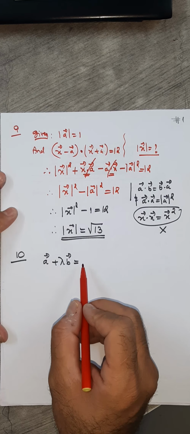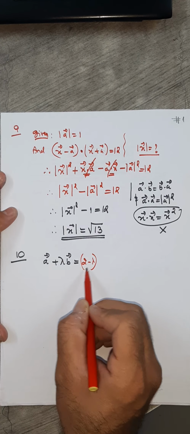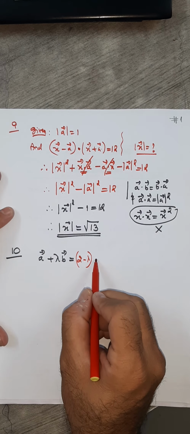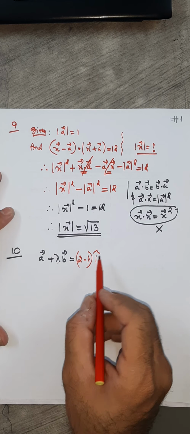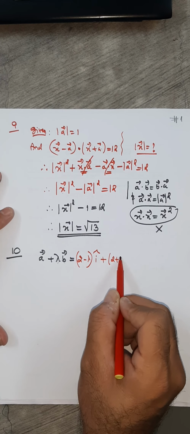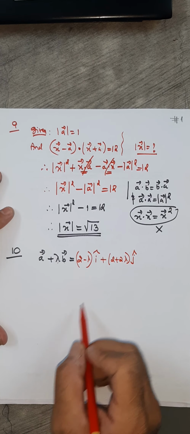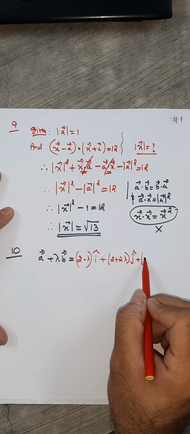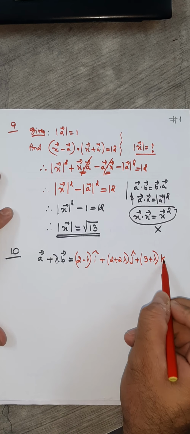So what will we get? You can see you have 2 minus lambda into i cap. Just notice, multiply b with lambda, remember, plus, what about the next one? 2 plus 2 lambda into j cap, plus here 3 plus lambda into k cap.